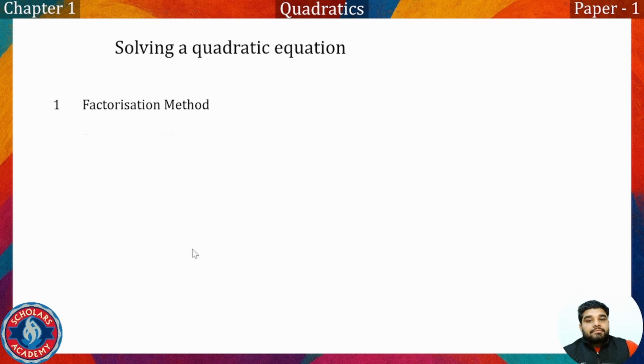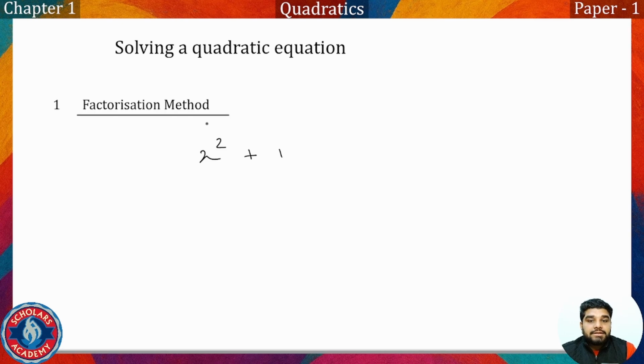Now, solving a quadratic equation by factorization method. So we are starting with the chapter now. We need to solve a quadratic equation. Let's take a quadratic equation as x square plus 12x plus 20.